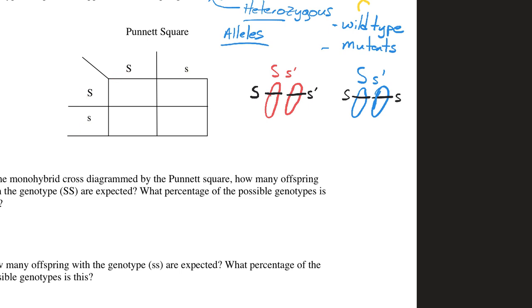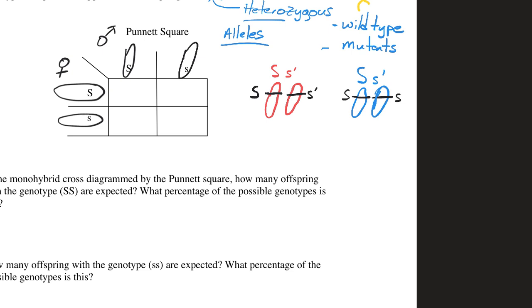On the Dragon Genetics, you had the chromosome like this. So let's say this is the father, and let's say this is the mother. Which one's going to end up in dad's sperm?